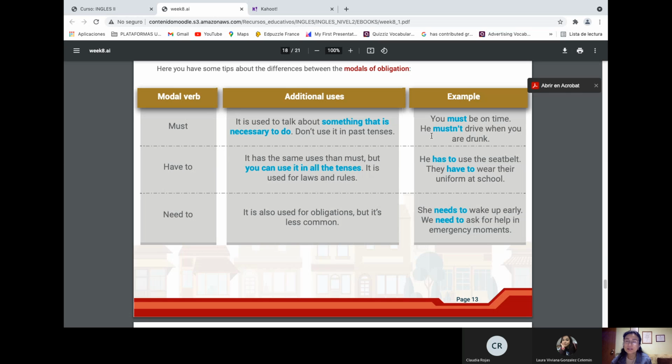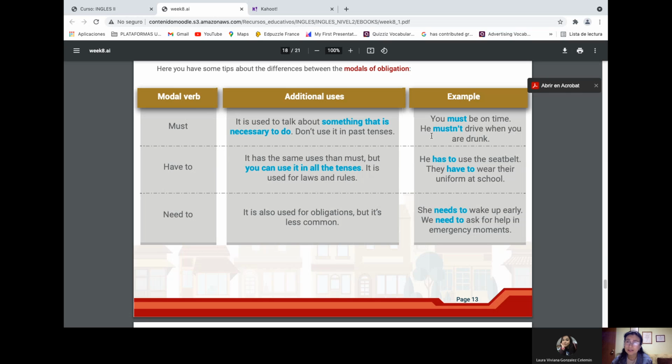Remember that to be on time is to be punctual. So when you say you must be on time, it means that you must be punctual when you are going to meet friends, when you have a reunion, or when you need to go to work. So it's a personal need, a personal obligation.